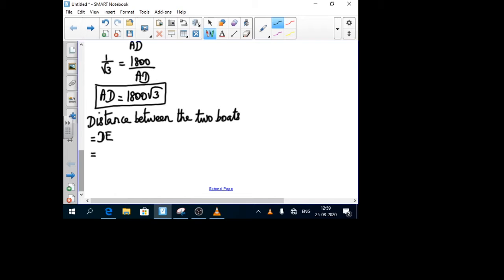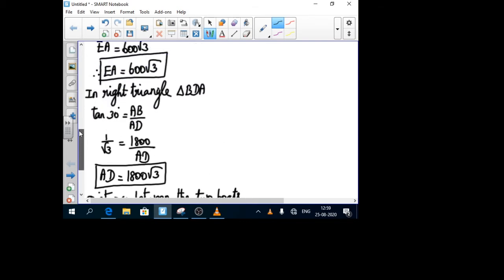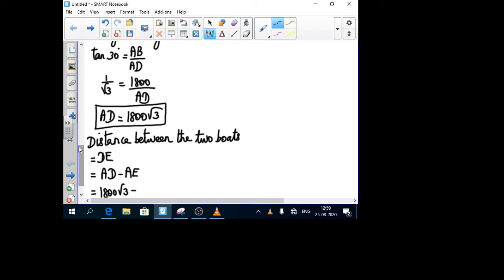I can split DE as AD minus AE. AD is 1800 root 3 minus AE. AE value is 600 root 3.